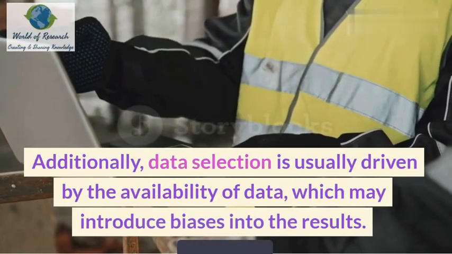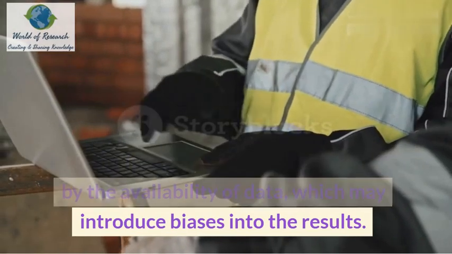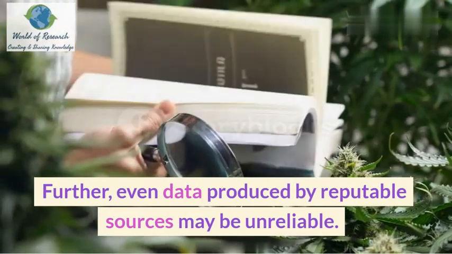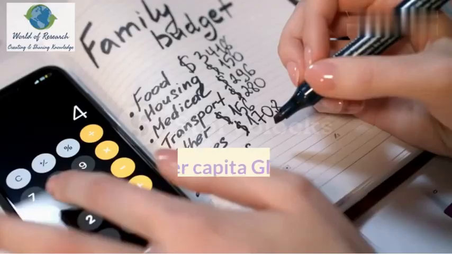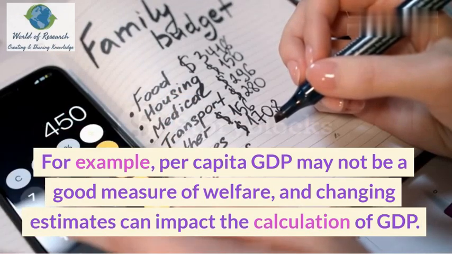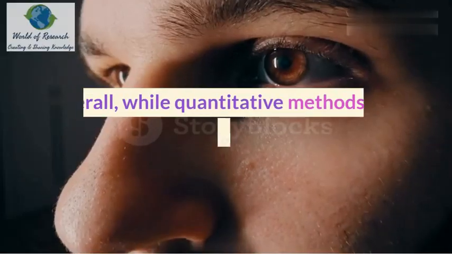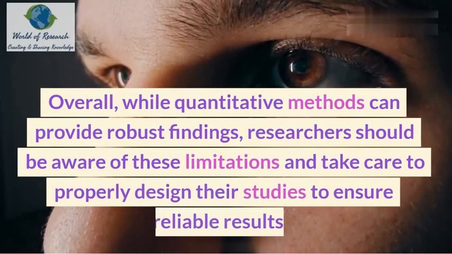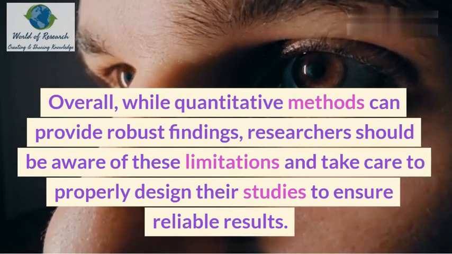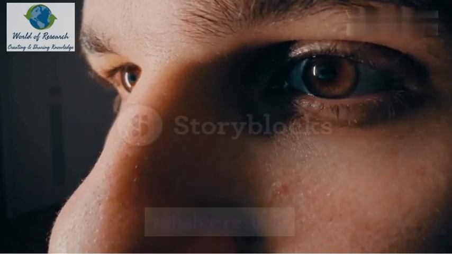Additionally, data selection is usually driven by the availability of data, which may introduce biases into the results. Further, even data produced by reputable sources may be unreliable. For example, per capita GDP may not be a good measure of welfare, and changing estimates can impact the calculation of GDP. Quantitative methods can provide useful findings, but researchers should be aware of these limitations and take care to properly design their studies to ensure reliable results.